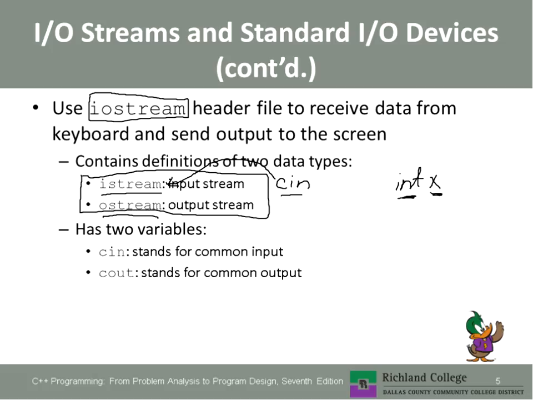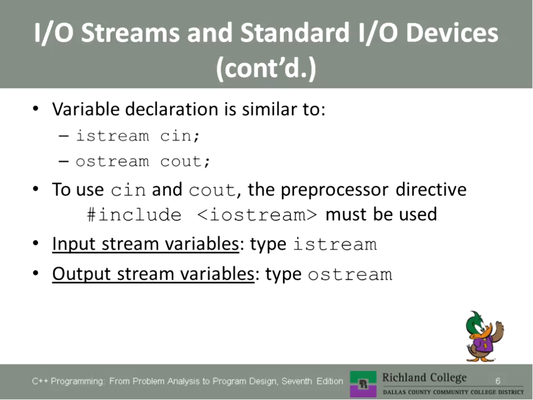It knows how to handle the bus. It knows how to handle the stream. So then cout is an output stream, which is an ostream data type. So that's why we have to include the iostream header in order for us to process input and output from users.